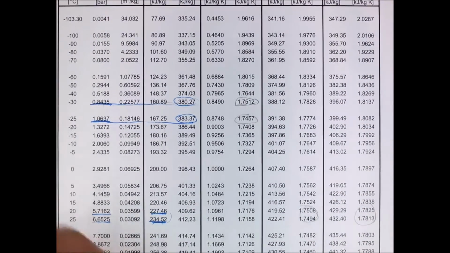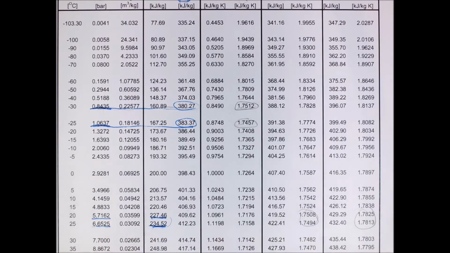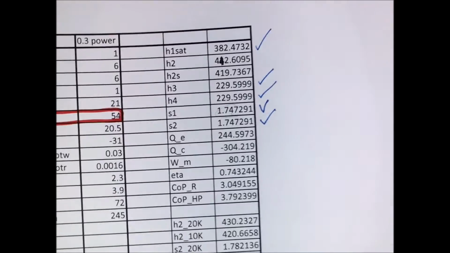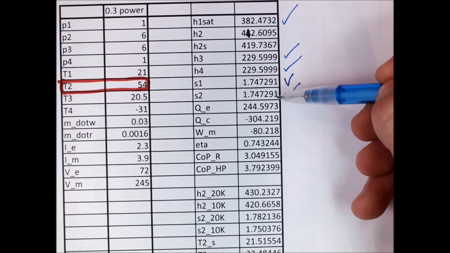So what we can do, though, is say, okay, I know that the entropy at S2 is equal to that of S1, and we write this down as the same value.